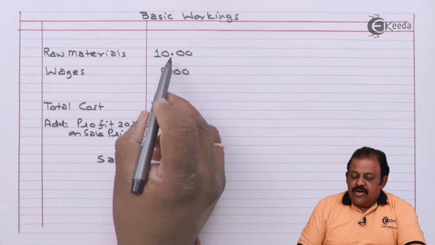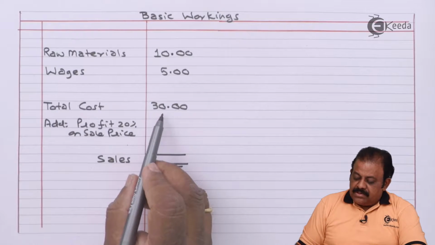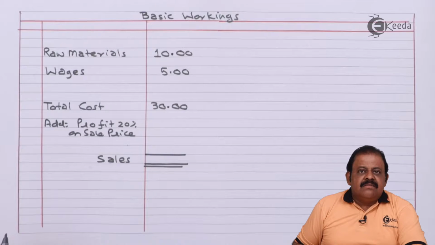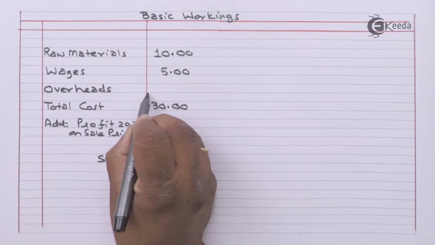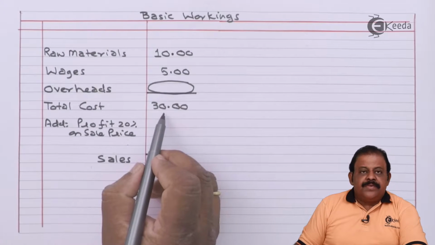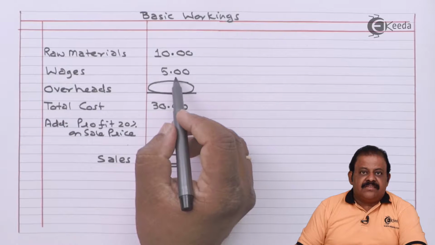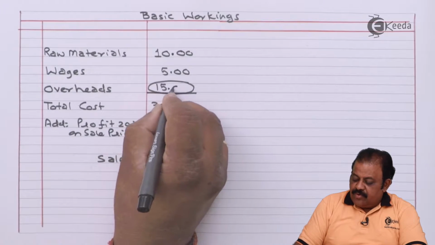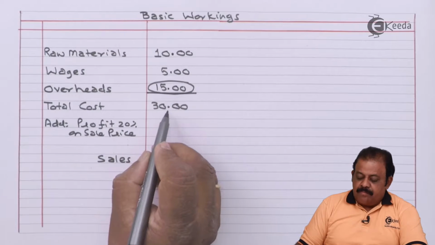Here we can get the missing information of overheads as a balancing figure. Total cost 30 rupees minus 10 rupees of raw material minus 5 rupees of wages. That means the balance 15 rupees is of overheads. Thereby we get total cost 30 rupees.